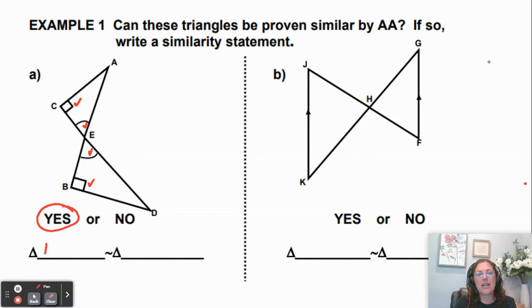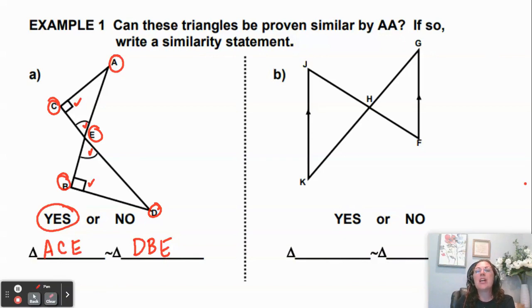So we see triangle ACE, that's the top triangle, is similar to DBE. Did you notice how I put them in order? I did the one that was pointed, A and D both came first. Then I did the right angle, C and E. And then I had the E by itself.